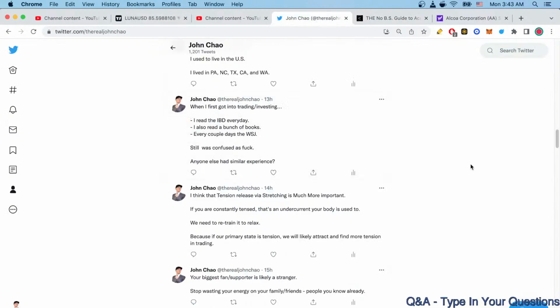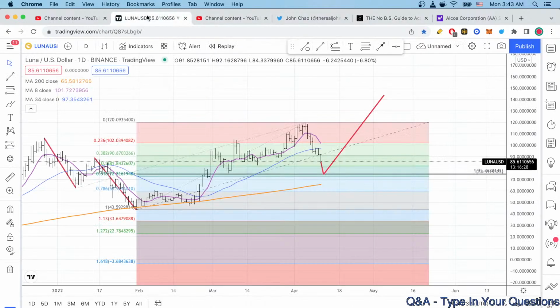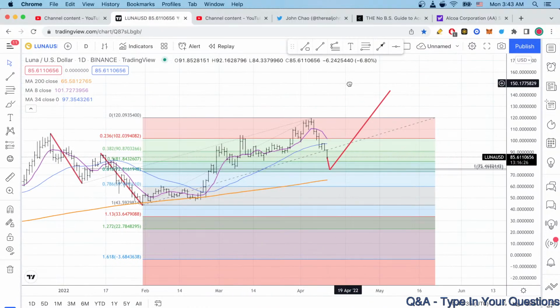Now, looking at your trading life, it's very similar to how you run your life in every area. Because if you are a mess, if you don't know what you're doing in your personal health, if you're not disciplined with your nutrition, your sleep, your exercises, you don't know how to detox, you don't know how to clean your small and large intestines, you're chronically constipated, like I was. I had a lot of health issues.